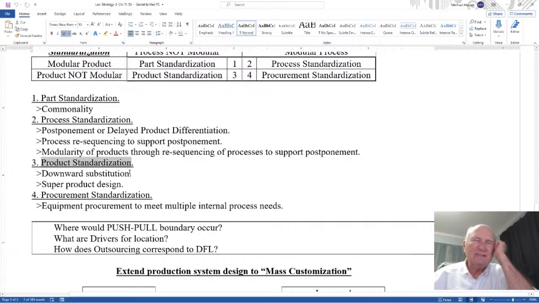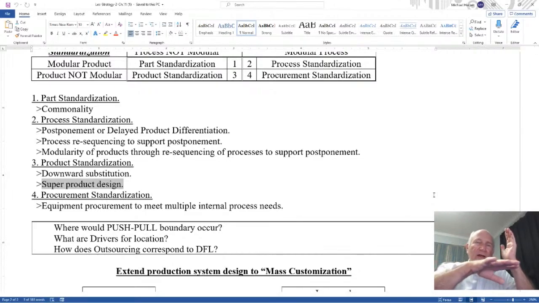One is super product design. You design a product that can satisfy only one product, but that product can satisfy multiple different requirements from the market. So it's a super product, so it can satisfy a much larger market. It's not a market segment, it's a huge market.